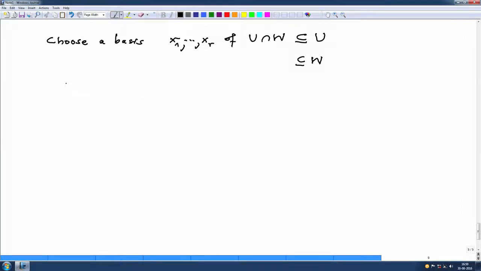So, x1 to xr along with u1 to us is a basis of U. This I can do again by the exchange theorem.